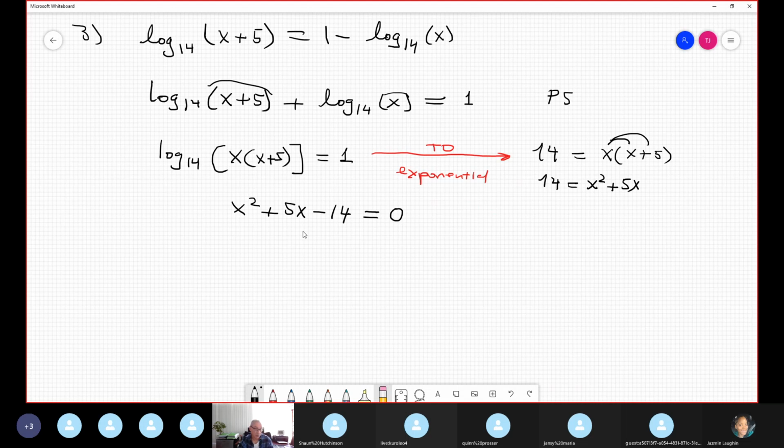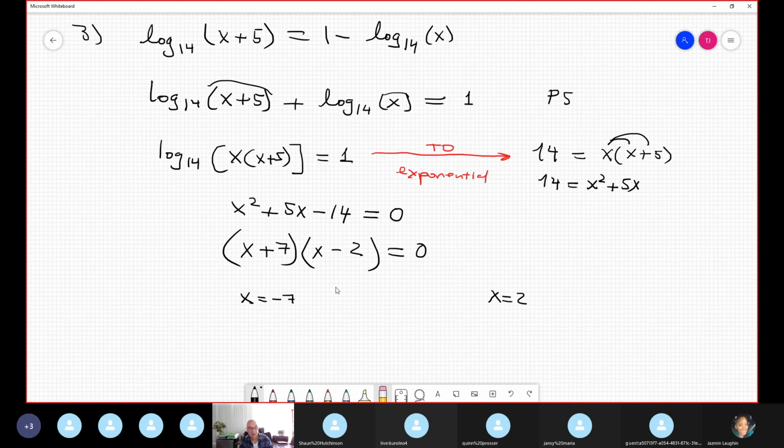Suppose we can solve it by factorization. The factors involved in the problem are 7 and 2. 7 times 2 is 14, and 7 minus 2 is 5, so plus 7, negative 2. The one solution is negative 7, and the other solution is positive 2.